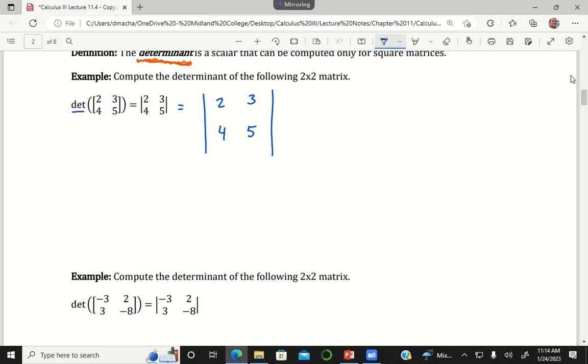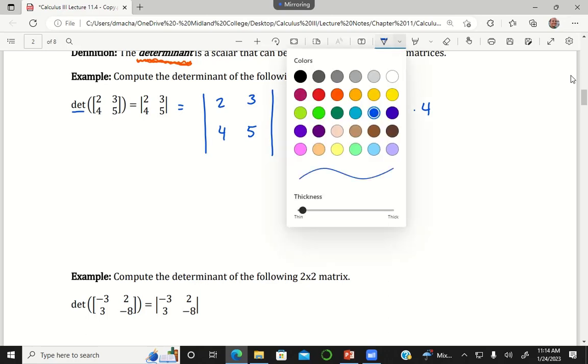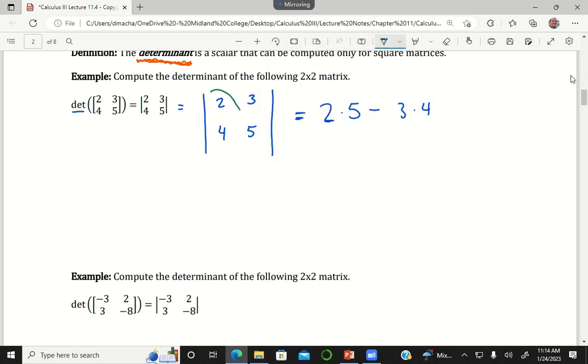The way you calculate the determinant of a 2 by 2 matrix is like this. We say 2 times 5 minus 3 times 4. So you multiply the top left and bottom right entries, 2 times 5, and then you subtract the product of the bottom left and top right entries, right?